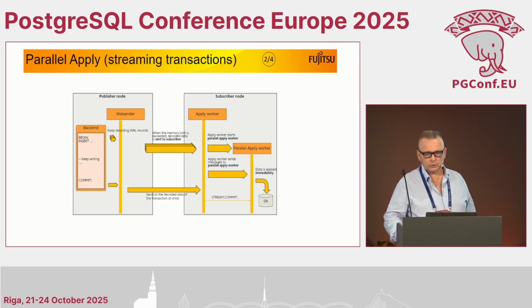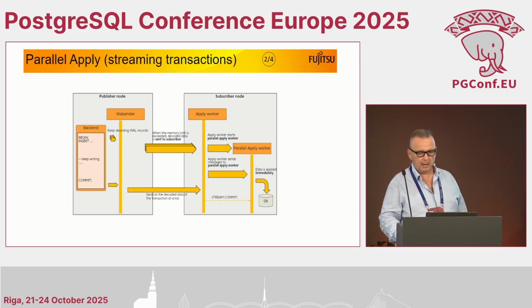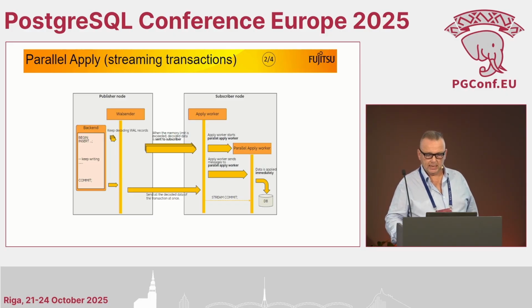So this slide shows the subscriber's parallel apply workflow. The WAL sender process on the publisher is decoding raw WAL records as part of the logical decoding into a logical format and streaming the decoded changes onto the subscriber.